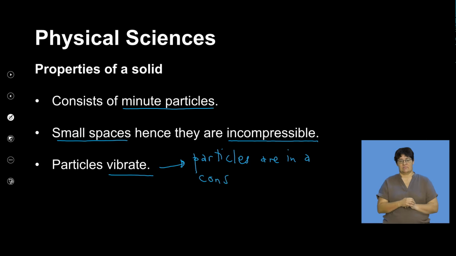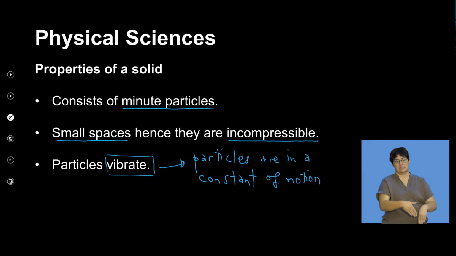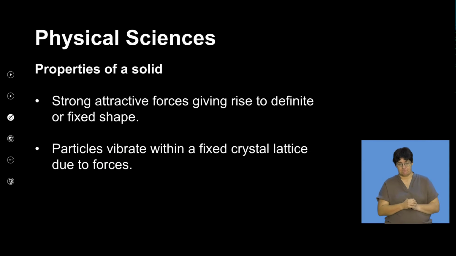But this movement is restricted because there are smaller spaces, so they are closely packed. This suggests something about the kinetic molecular theory: these particles are in a constant state of motion, but the extent of motion is just restricted to a vibration.